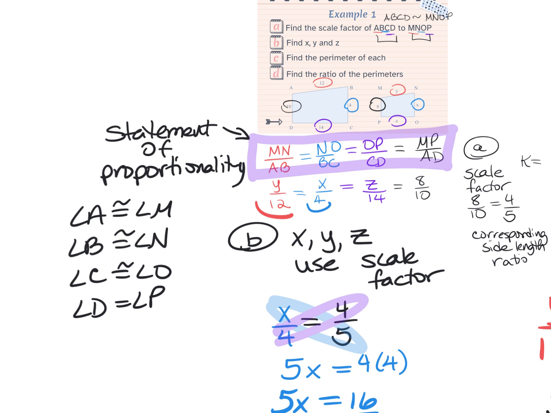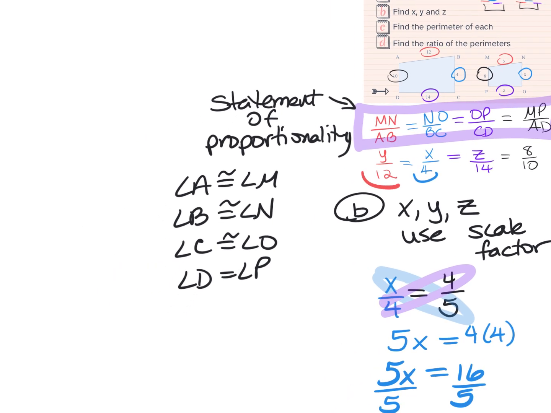If I ask you to list the side lengths as a statement of proportionality, that's what I'm looking for, is you to match the corresponding sides in ratios. So this would be just the corresponding congruent angles.